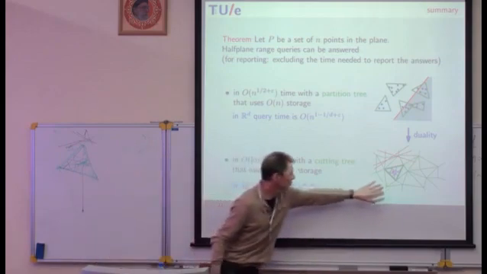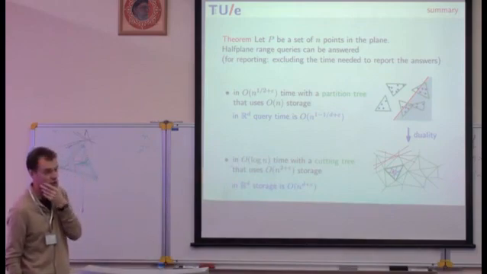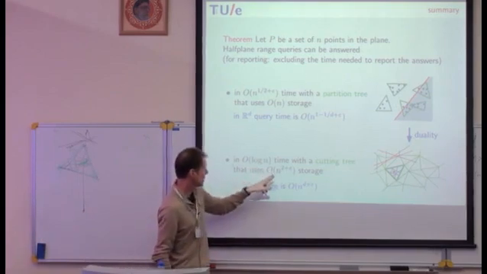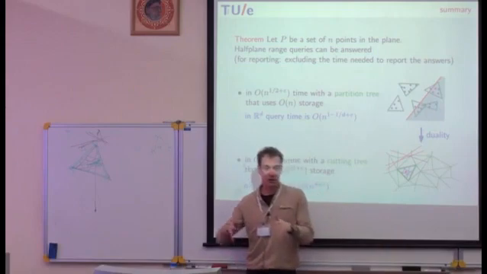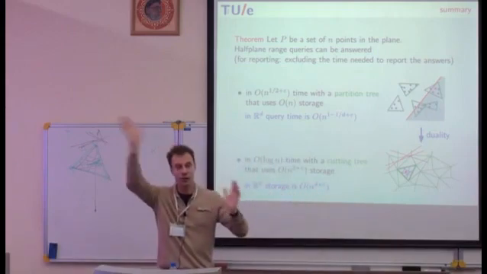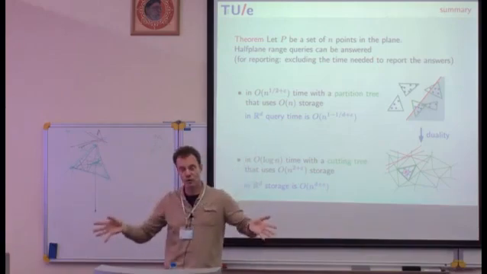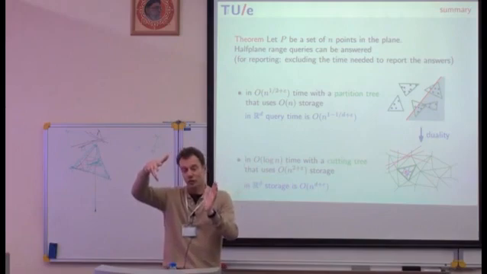Also for these cutting trees you can generalize to higher dimensions. This cutting again works in the same way: you have a set of planes, let's say in 3D. You partition your three-dimensional space into regions that are maybe again simplices.